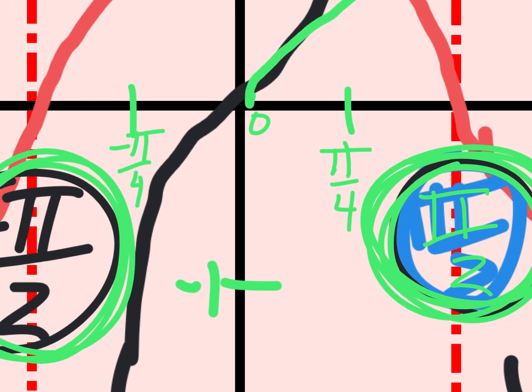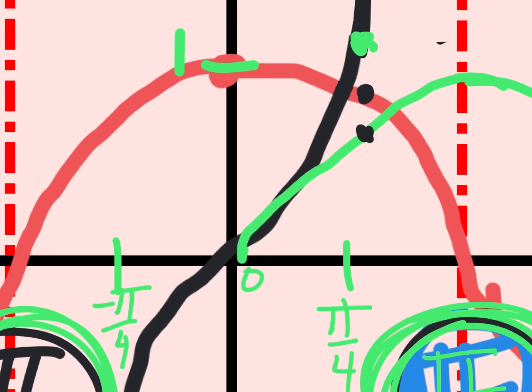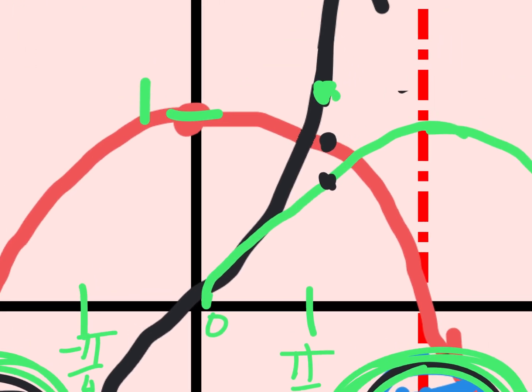And why do those spots matter at all? Isn't it just some random place? No. It's exactly where the graph will equal 1. Now, if I had drawn this perfectly, sine and cosine, let me clean this up a little bit and make it better.